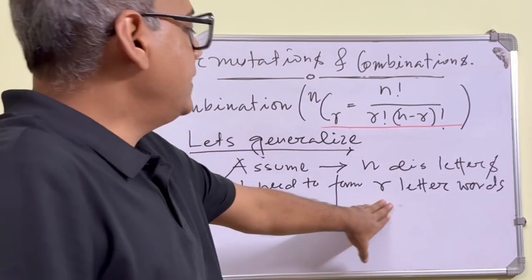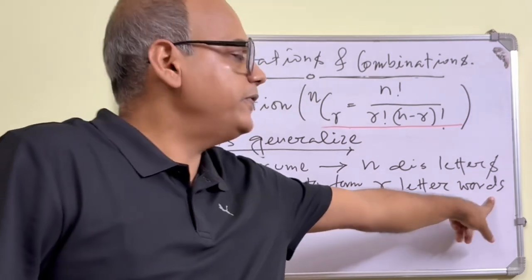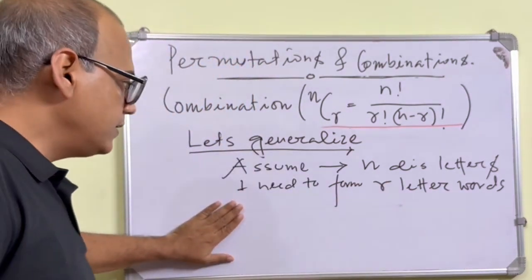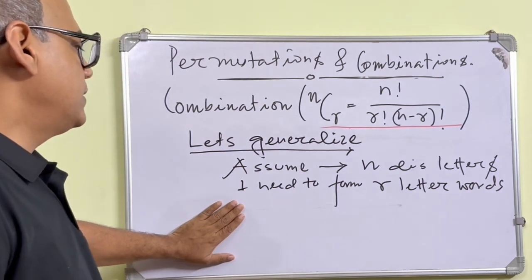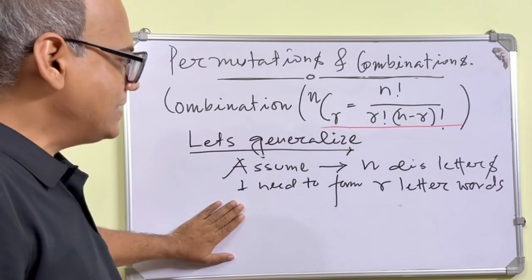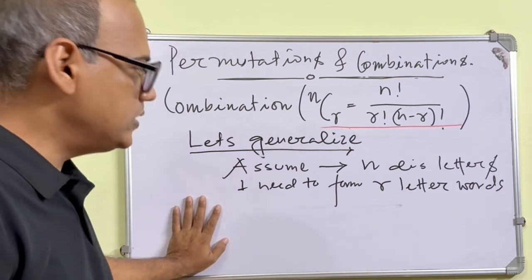How many such r letter words can be formed if we go back to the previous problem and try to match these two?